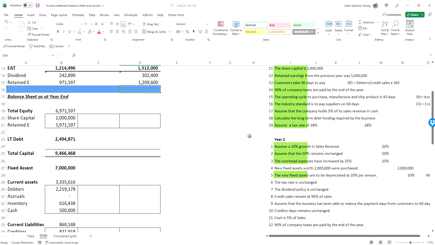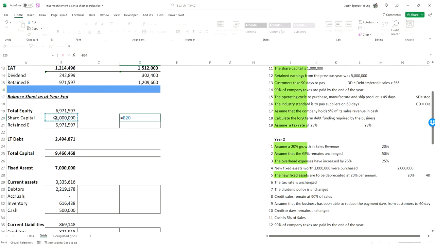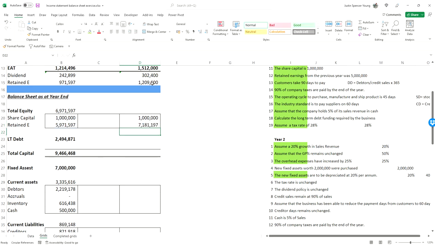All right, it doesn't say anything about new capital being issued, so I'm going to assume here that the share capital remains unchanged. Now this is going to be last year's retained earnings plus what comes out of the income statement, and the retained earnings grows. It's cumulative.